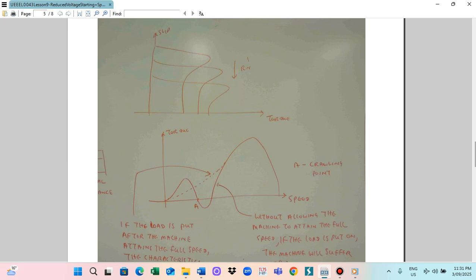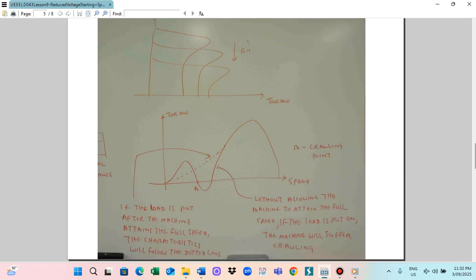We need to avoid crawling. Normally the machine should follow the dotted line. When you start the motor, we should allow the motor to attain full speed. After that, you should put the load. If you allow the motor to attain full speed and then put the load, the motor will go from the dotted line this way.